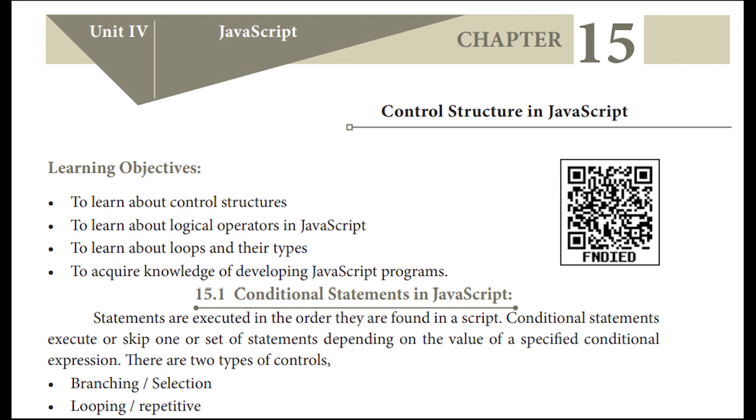Looping, from the word itself you can understand. Loop means it is repetitive. Repeatedly, again and again, the same statement will be executed, right? A looping statement has a particular condition and loops with an increment or decrement operator.